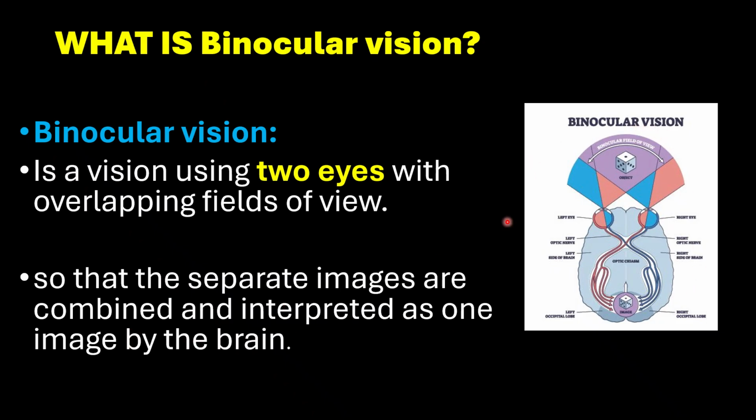If you see such a picture and you are made to identify the mechanism happening here, or what type of vision this is, you have to know this is what's called binocular vision. The word bi here means two, and the word ocular means eyes. So vision also means to view or to see, that is sight.